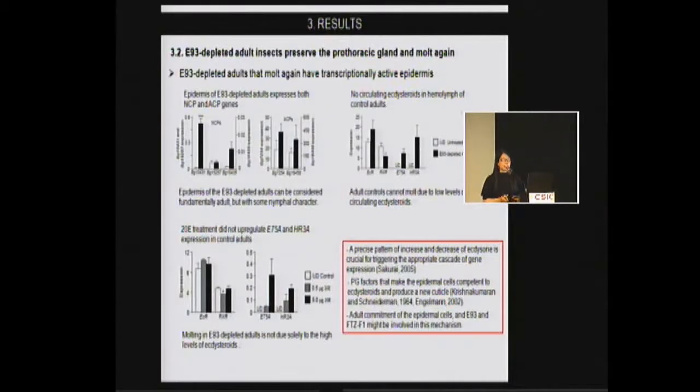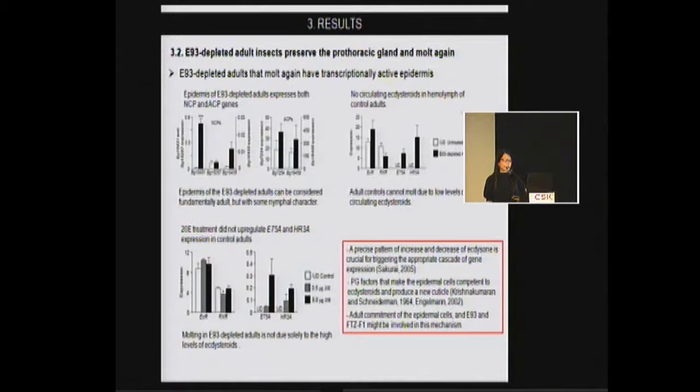So then we thought that the control adults that cannot molt maybe don't have ecdysone. So we did another experiment. We injected 20-hydroxyecdysone into the control adult, with two doses, the physiological and the pharmacological dose, 10 times more than the physiological one.